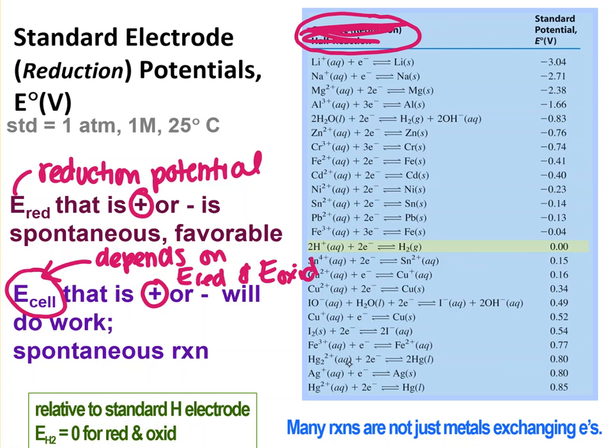Also, these reactions are just simple metals exchanging electrons, most of them, and just know that on some charts you'll see a lot more complicated reactions involved with polyatomic ions and all kinds of things. But the table that I gave you has just the metals like this one, so we can focus on those.